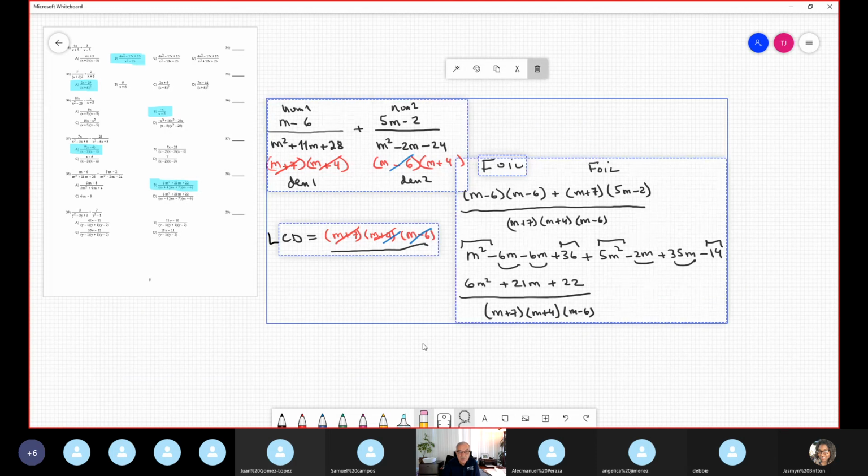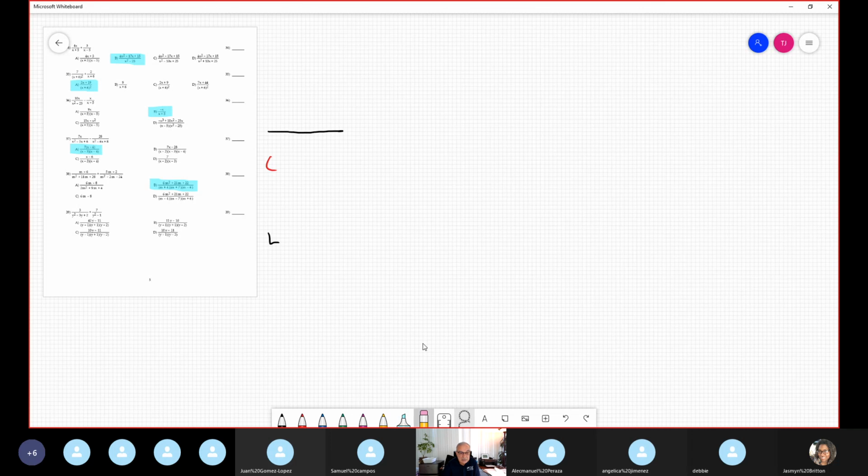For example, you have two fractions. Suppose that you are adding or subtracting, it doesn't matter. 2/3 plus 5/3. In this case, no LCD is necessary, because the only denominator that we have is 3, and you automatically add the top part. It's 7. But this is the easy case, no? It doesn't always happen.